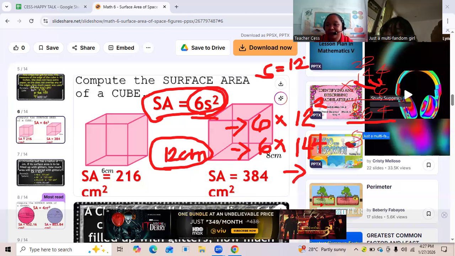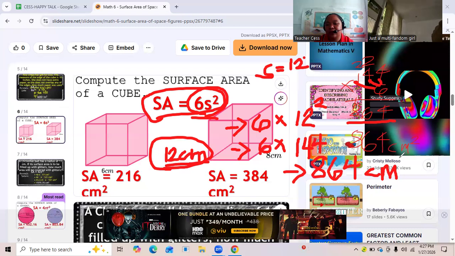Okay, so that is 864. What will be your measuring unit? So 864. The given is centimeter. So it means, all right, very good, 864 centimeter squared.